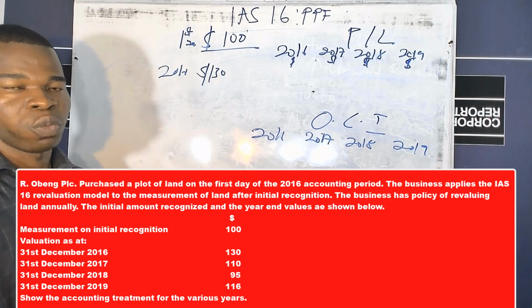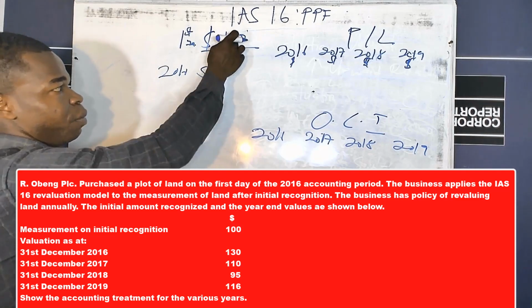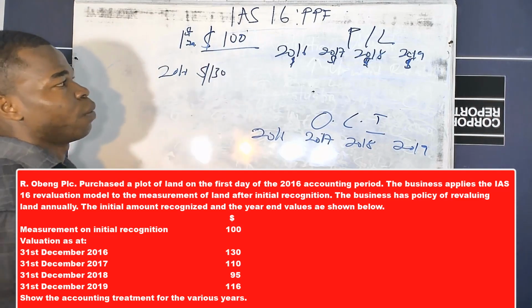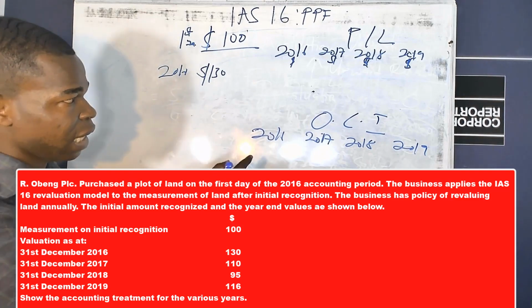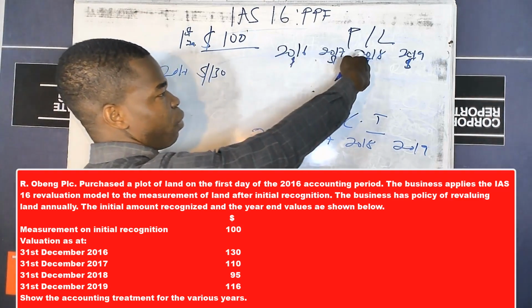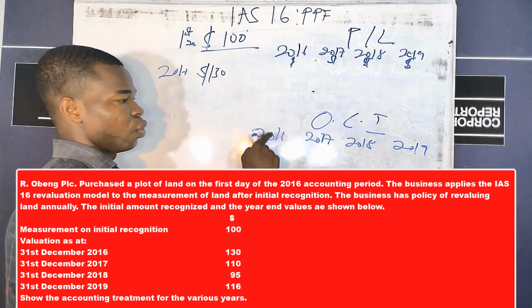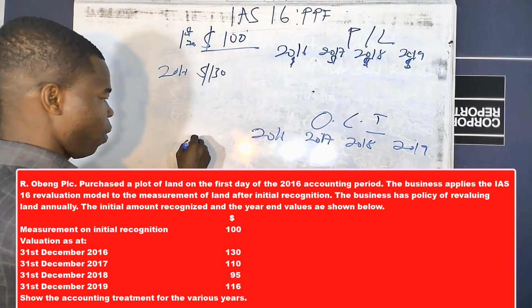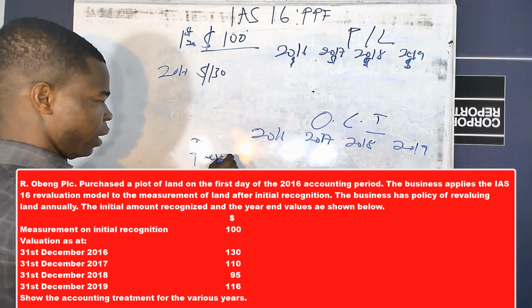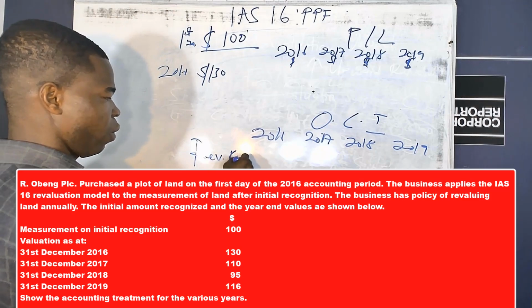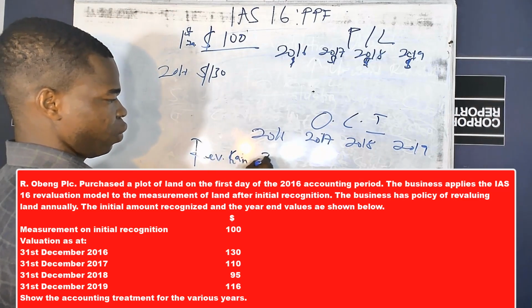So there's a revaluation gain of how much? 30. The difference between this and this gives the revaluation gain of 30. Because it is a revaluation gain, we don't send it to the P&L account. We send it to the OCI. So here I will come in the name of revaluation gain or revaluation surplus, and the amount is $30.